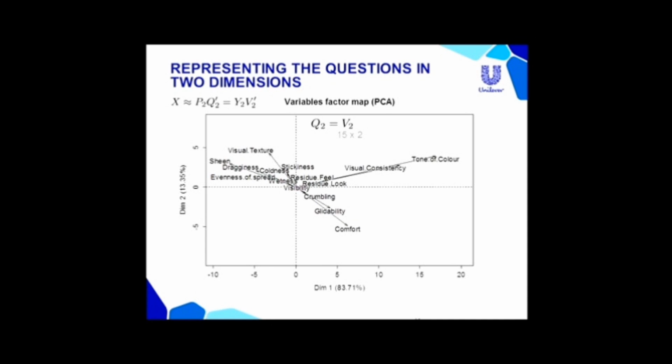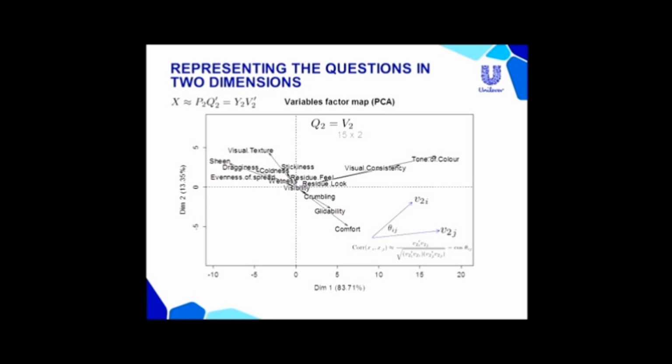Because we've used principal component analysis, the cosine of the angle between any two vectors gives us an approximation of the correlation of the original variables. For instance, visual consistency and tone of colour are quite close together, whereas visual texture and visual consistency are almost perpendicular.